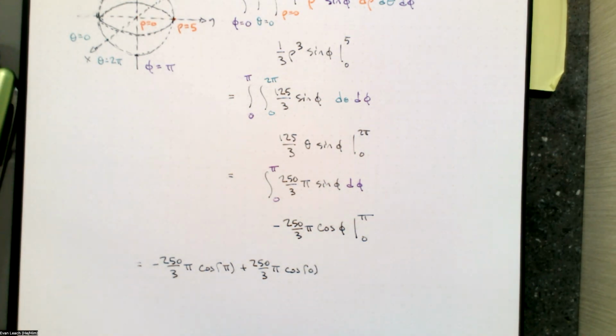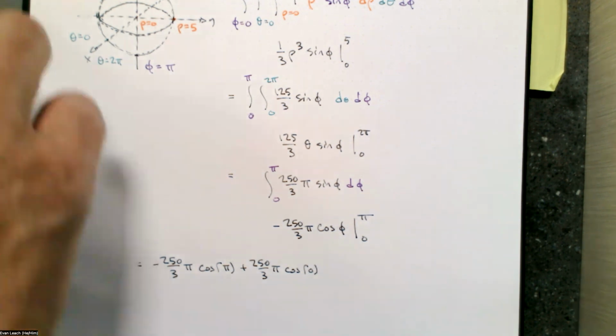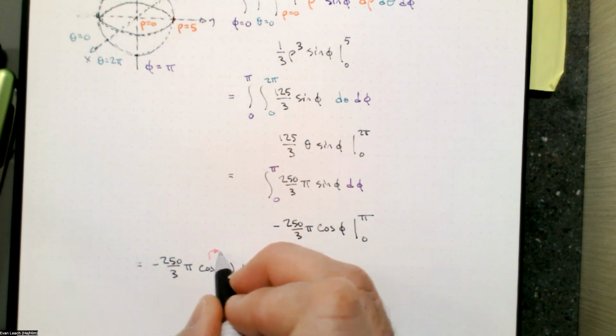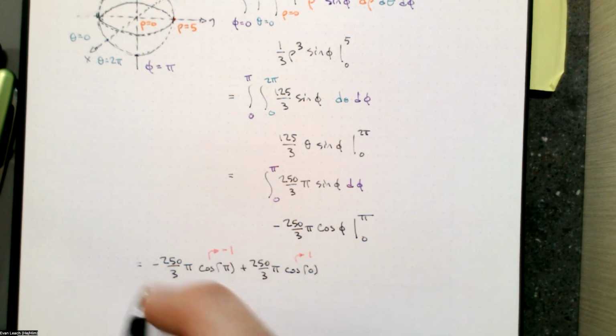So here we are plugging in the endpoints. And finally, cosine of 0 is equal to 1. Cosine of pi is equal to -1. That's going to change the sign here.